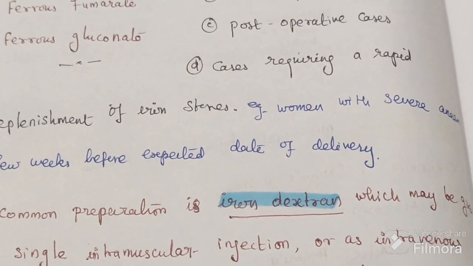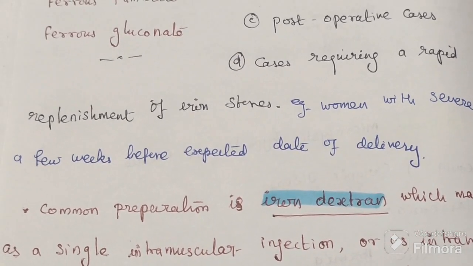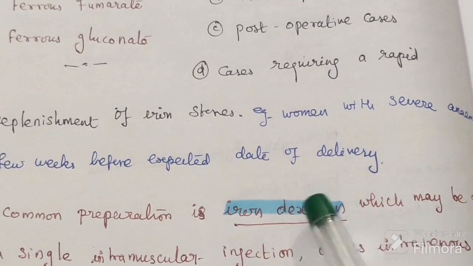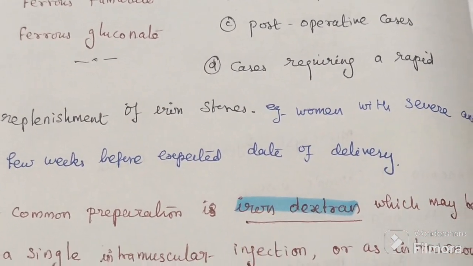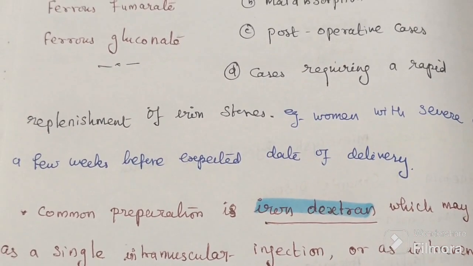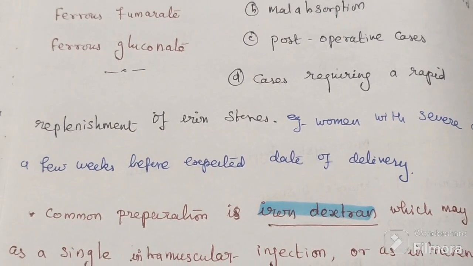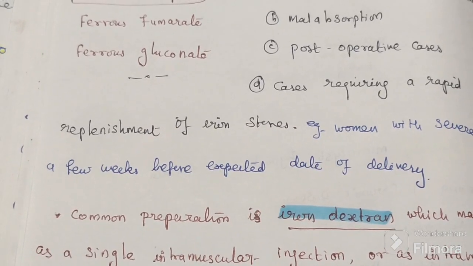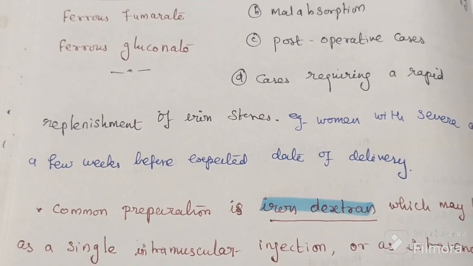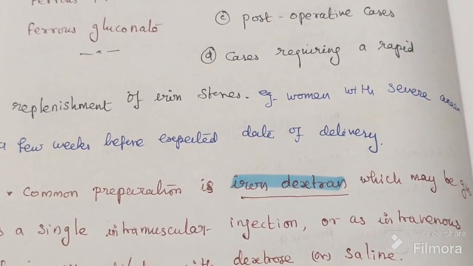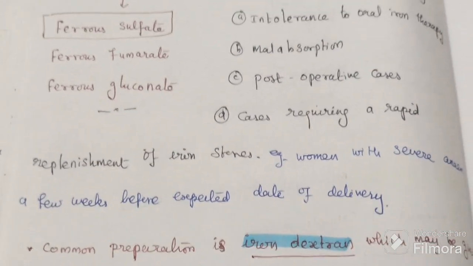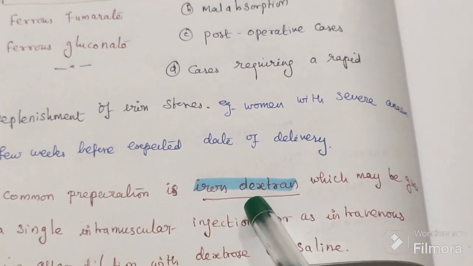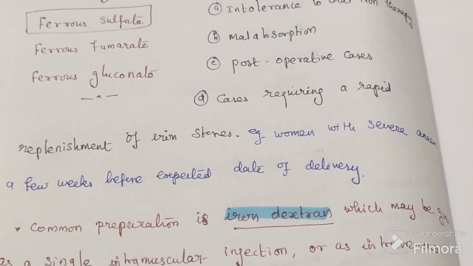For intravenous, only one preparation is available, iron dextran, whereas for oral there are three preparations.